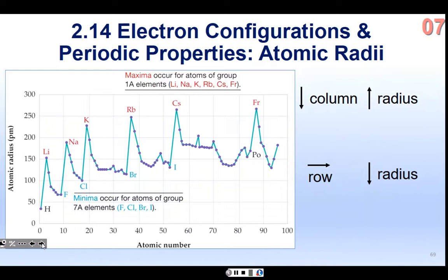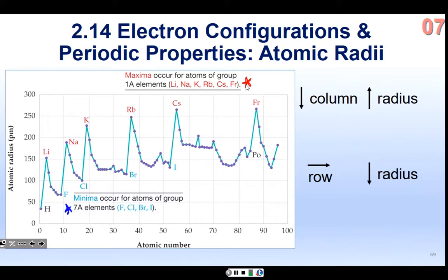Okay, so there is a chart that we looked at the very beginning of the chapter that helps us to generalize this pattern again, and let's make sure it makes sense to us because it's essentially what was shown on the previous diagram. For the patterns in atomic radii, we noted before that the maxima are going to be largest for the group 1A elements, and then the minima were going to be in the halogens, the group 7A elements.